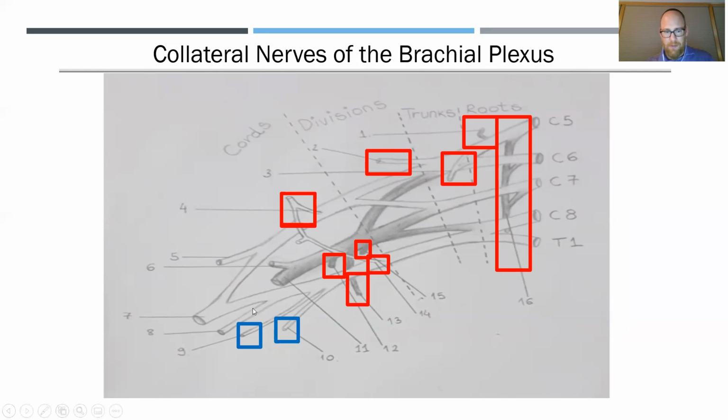Okay, examples of that down here. Let me just point some of these things out to you. All right, and I've got a table for you on the next slide. So, medial antebrachial cutaneous supplies sensation to the forearm. Okay. Medial brachial cutaneous supplies sensation to the inside of the arm.